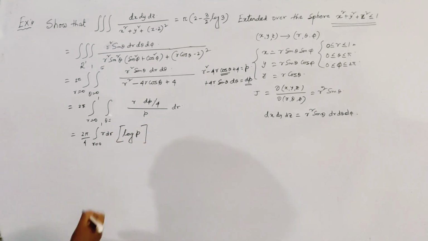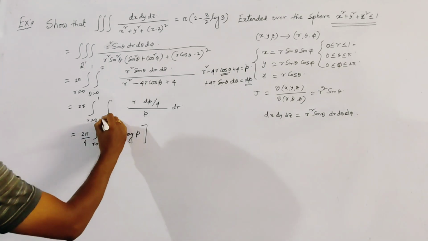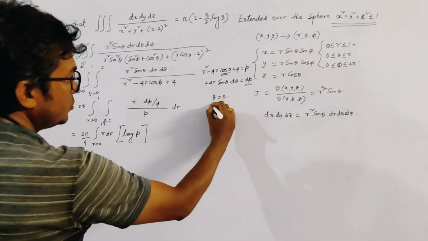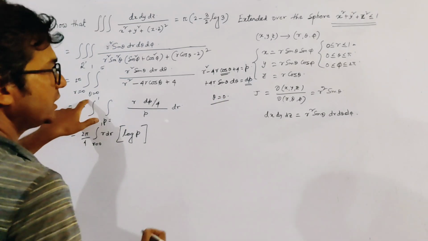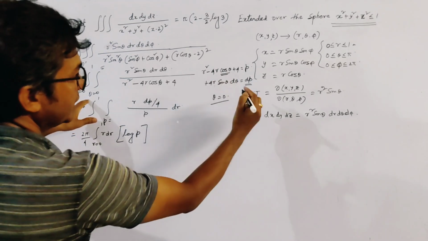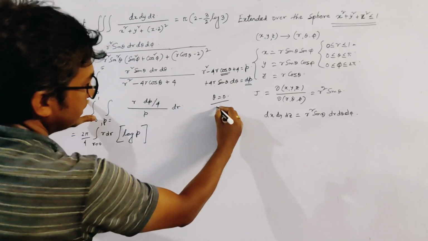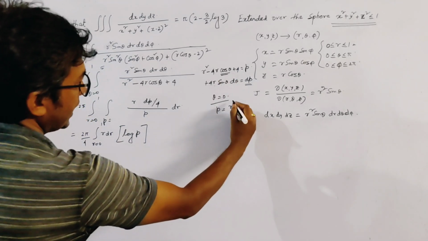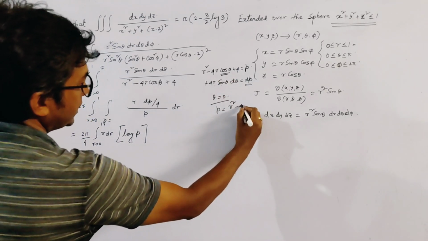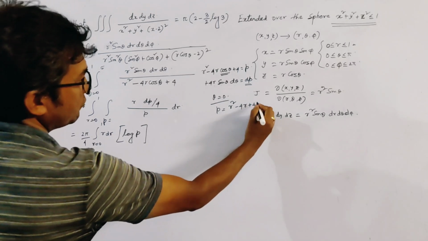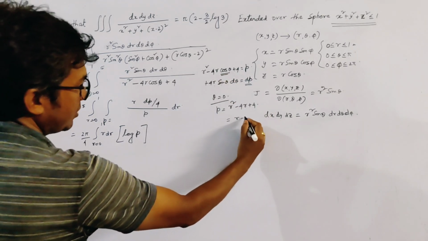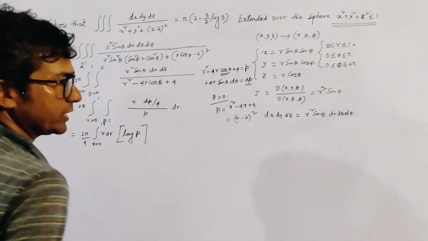What is the range of the integration? This is not theta, this is the range of p. Where theta is equal to 0, p becomes r square minus 4r plus 4, because cos 0 means 1, so we get (r minus 2) whole square.